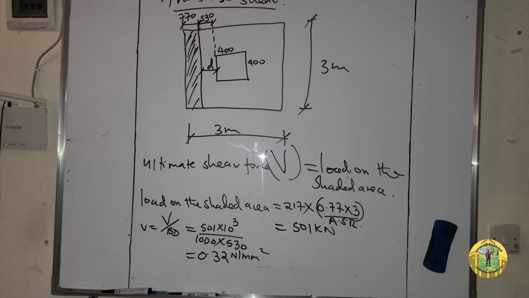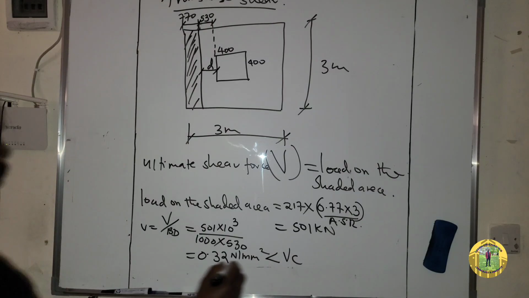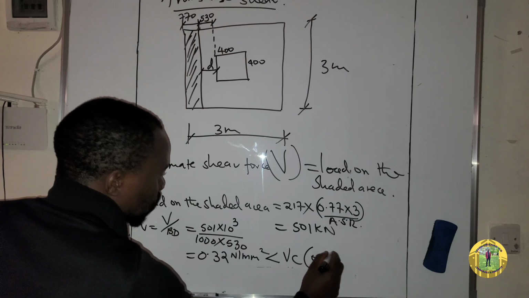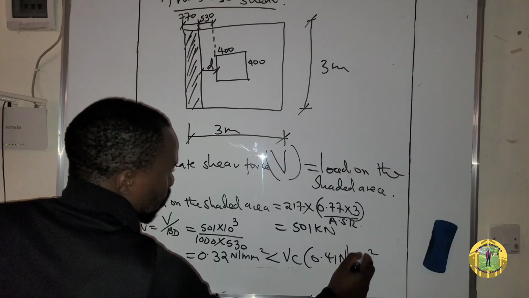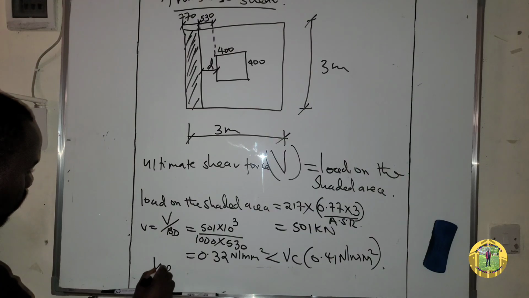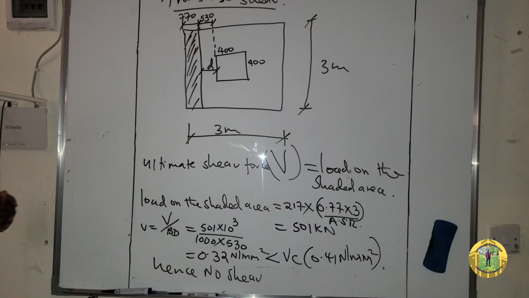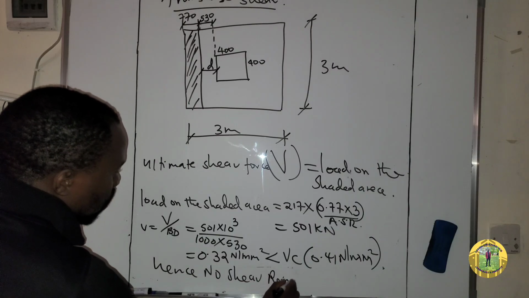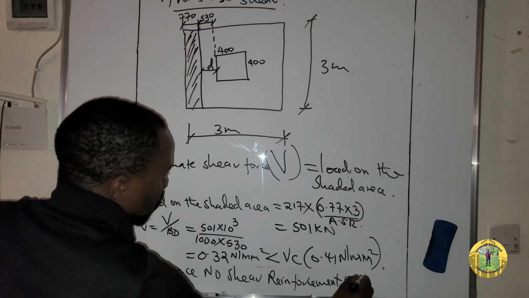This 0.32 is less than vc. Remember our vc is 0.41 Newton per millimeter square. Therefore, hence no shear reinforcement is required.